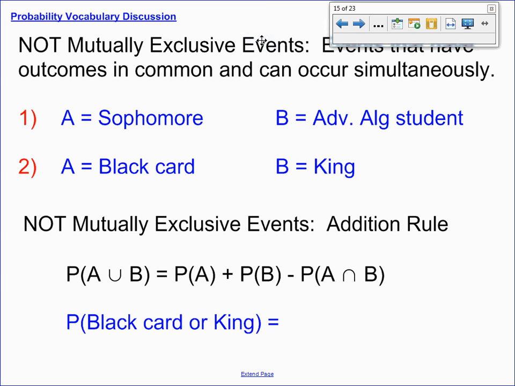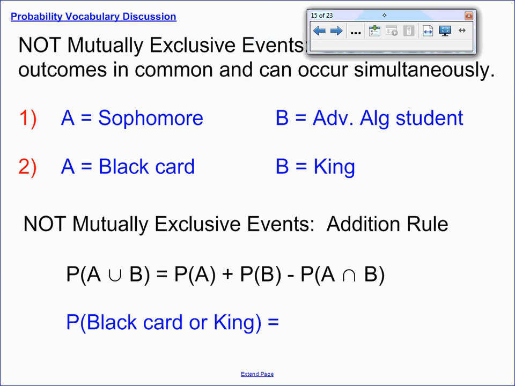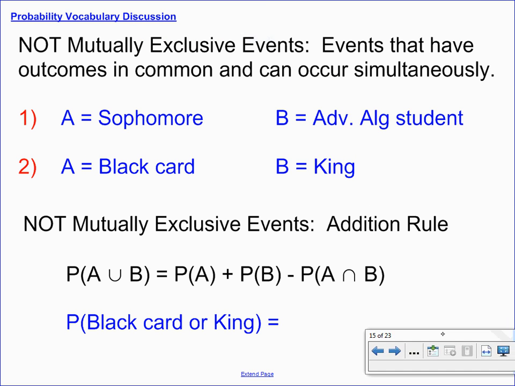Okay. So let's go ahead and have our probability vocabulary discussion as a lead-in to our activity 2, developing the multiplication rule for independent events. So not mutually exclusive events are events that have outcomes in common and can occur simultaneously. Consider the case of number 1.